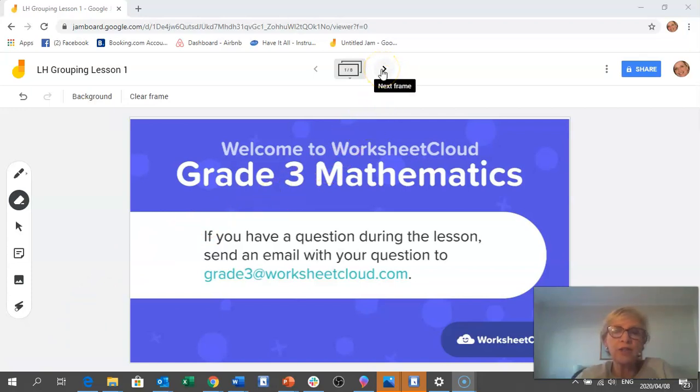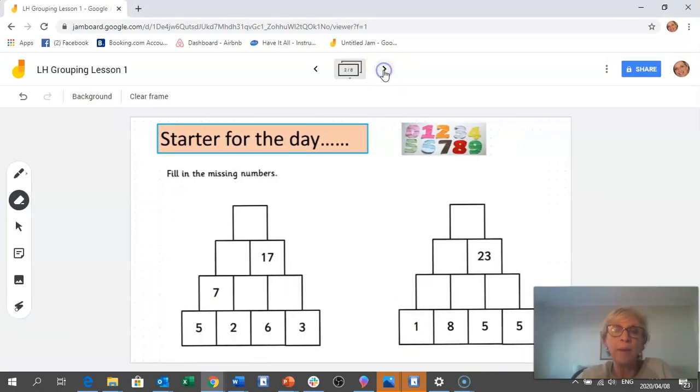I always like to start off with a bit of a warm-up or a starter for the day. And this has often got to do with patterns or some kind of little calculations. What you see in front of you, I'm sure you recognize. They are called pyramids.